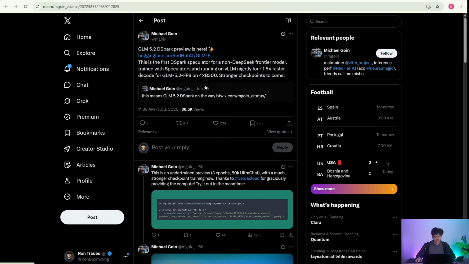So dSpark is already being ported beyond DeepSeek to other major open models like GLM 5.2. So dSpark was a big topic from DeepSeek, and it appears that it's not just closed within the DeepSeek ecosystem, but also can be pluggable here in the GLM 5.2 model.